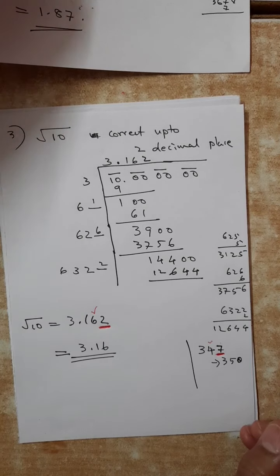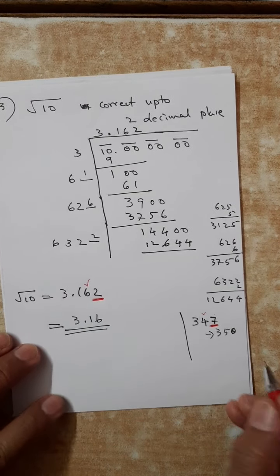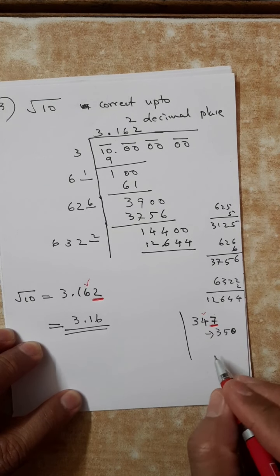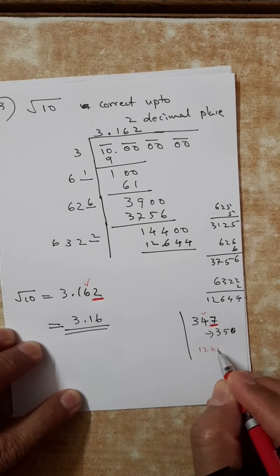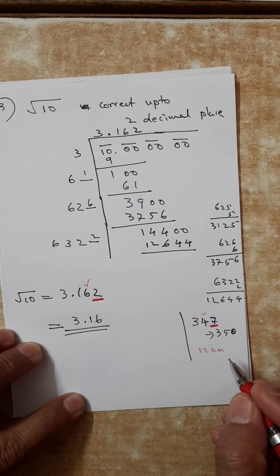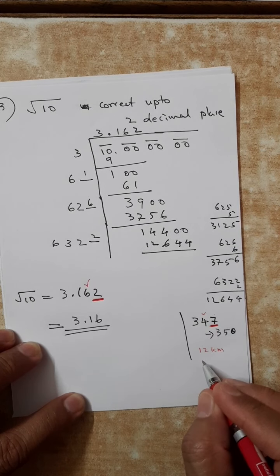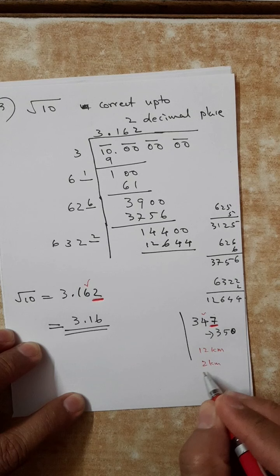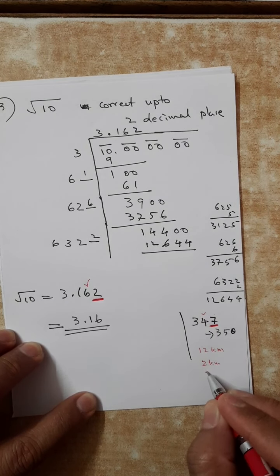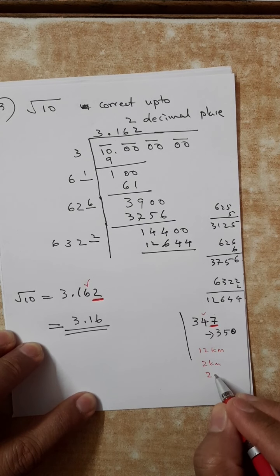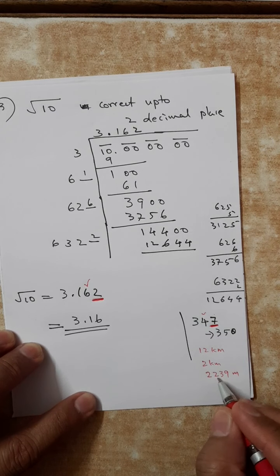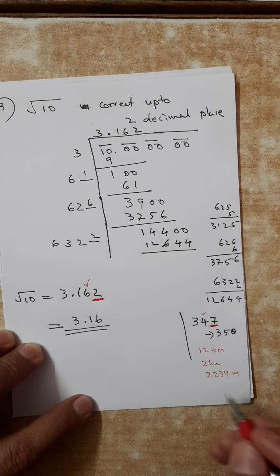Something like when we say the distance of your house from the school. If I ask how far your house is, you will say 2 kilometers, because I need only that much accuracy, and you also know that. You will say, sir, I am staying nearby, only 2 kilometers, but it may not be exactly 2 kilometers. If we do the correct measurement, we may get 2.239 kilometers. Who needs that much accuracy?